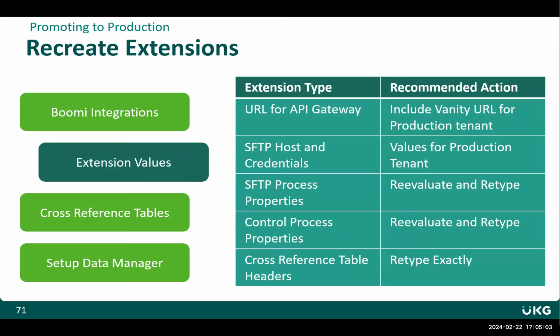So for your process properties, you have to ask yourself, what should this be set to for a production run, not necessarily testing. With the exception of the process properties that have your cross-reference table headers, because the structure of the cross-reference tables isn't going to be different between non-prod and prod, you can just copy those over exactly, or recreate them exactly.